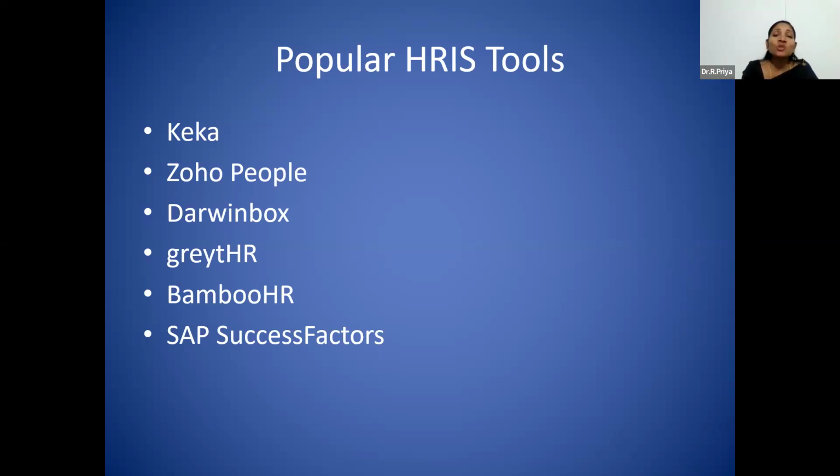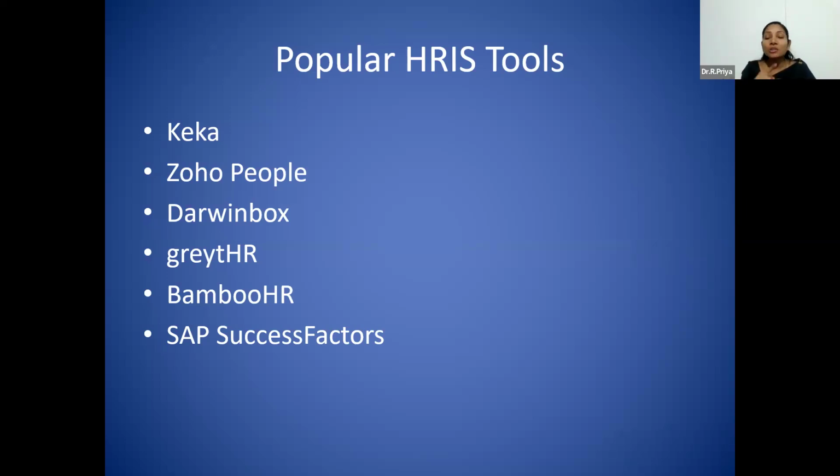When choosing HRIS tools, companies consider ease of use, compliance features, as well as integration with existing systems. As future MBA professionals, understanding these tools will help you leverage technology for strategic HR decision making.